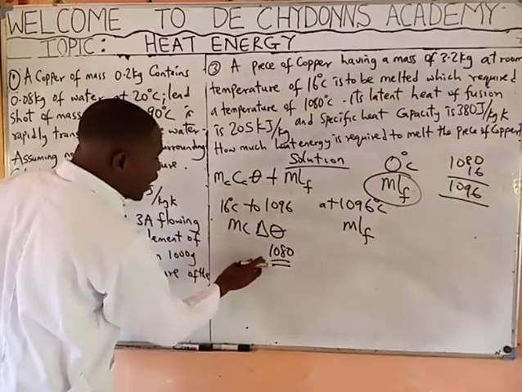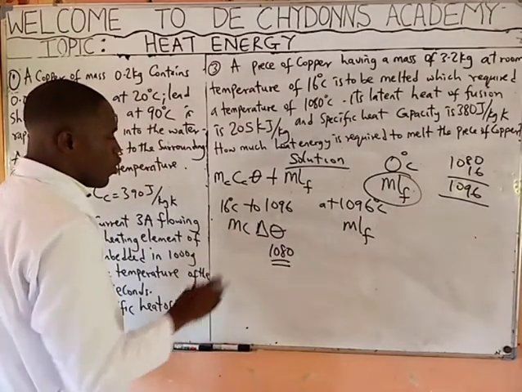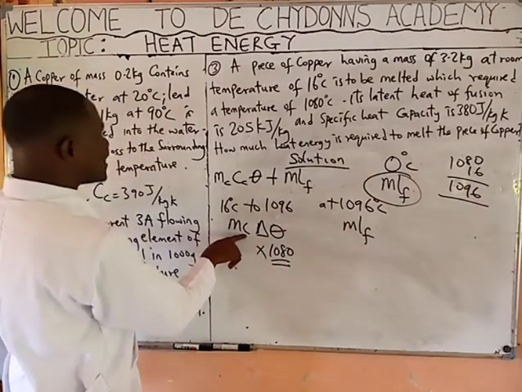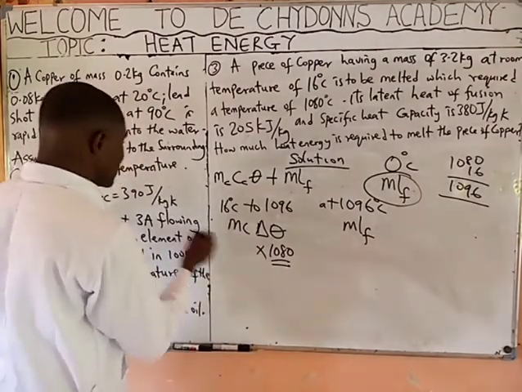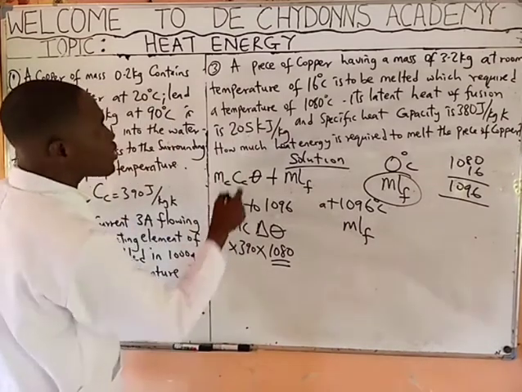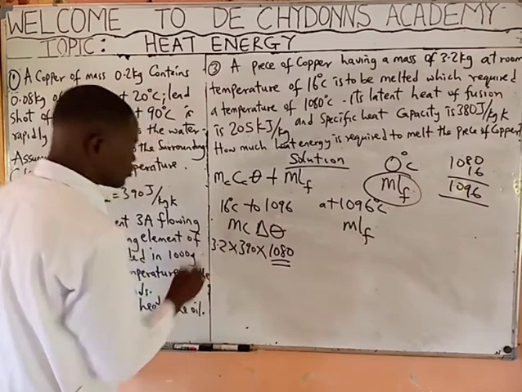So, as it is 1080 now, what matters is that you multiply it by the specific heat capacity of the copper, times the mass of the copper, 3.2.